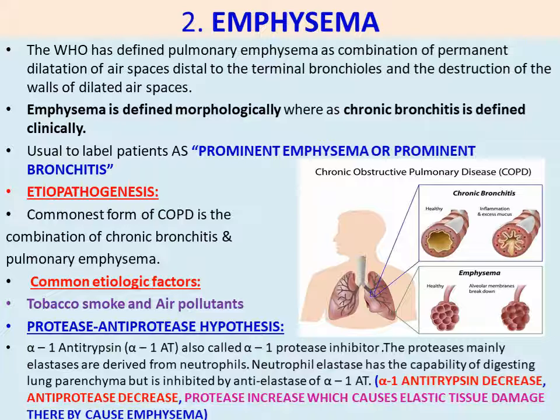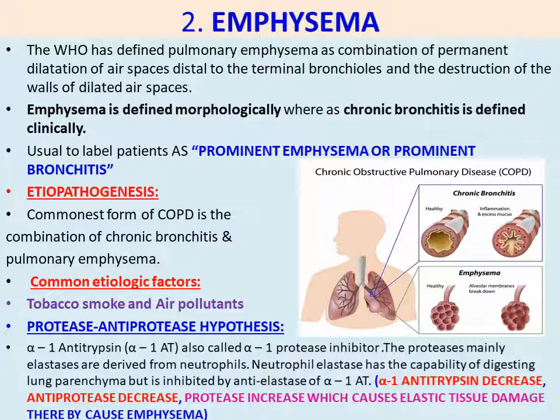Alpha 1 antitrypsin level decreases in the lungs, so antiprotease decreases. As antiprotease decreases, protease increases, which causes elastic tissue damage in the lungs, thereby causing emphysema. So in emphysema, protease is increasing and antiprotease is decreasing. Why is antiprotease decreasing? Because alpha 1 antitrypsin decreases. Thereby, due to the protease increase, elastic tissue damage happens, which causes emphysema.